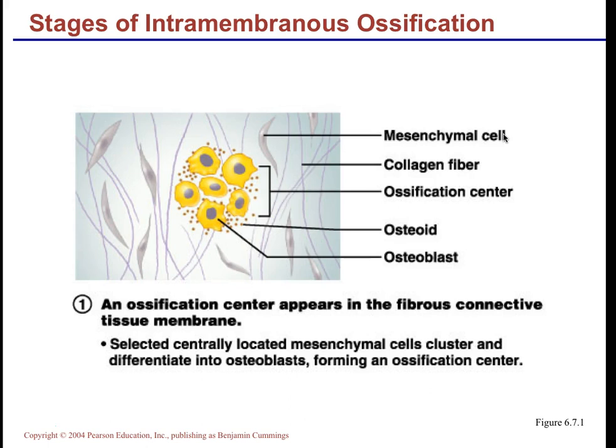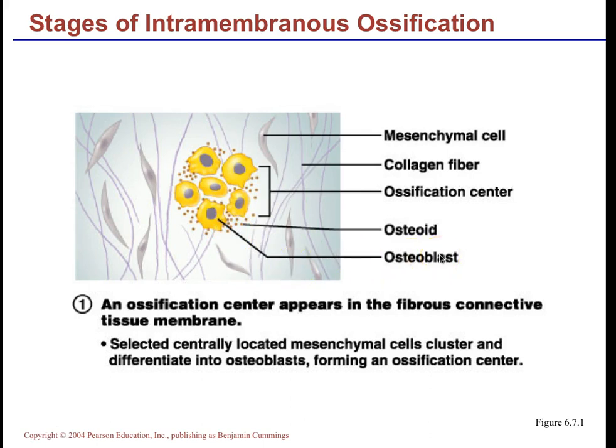There are a lot of signals that I'm not going to go into that occur at different stages of fetal development. In this particular case, where you're going to be putting your flat bone, these mesenchymal cells receive signals where they will mature into bone-making cells called osteoblasts.